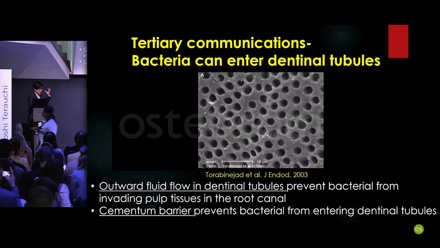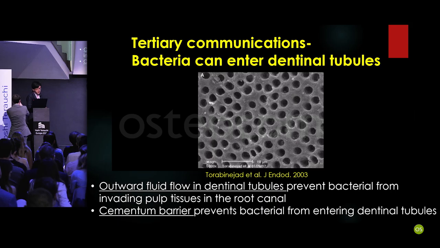Whereas when the pulp is necrotic, there is no outward fluid flow from the dentinal tubules. So the pulp can be necrotized because of that. If you have a cementum barrier, that can prevent bacteria from entering the dentinal tubules. If there's no cementum, there's no barrier, then bacteria can get into the dentinal tubules.